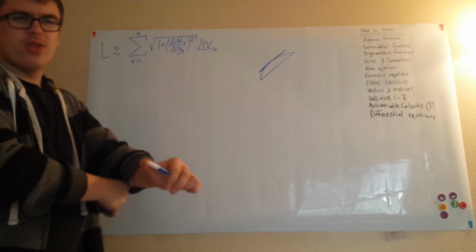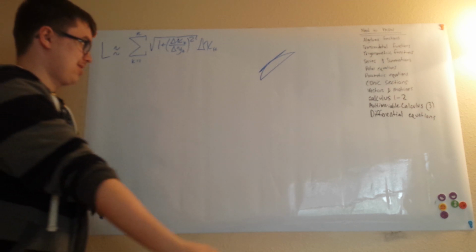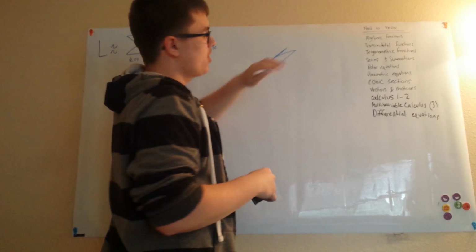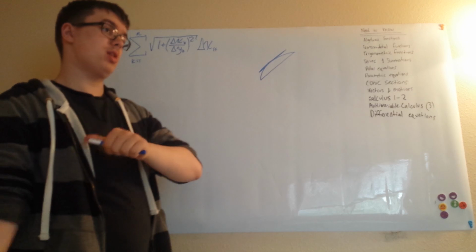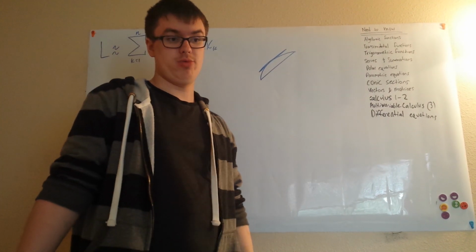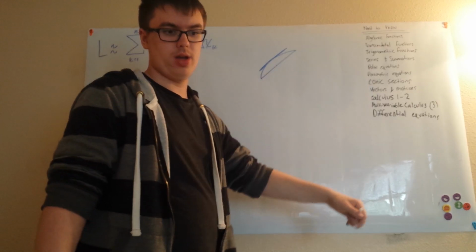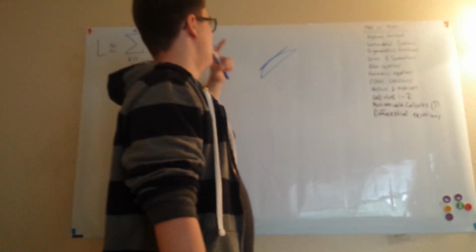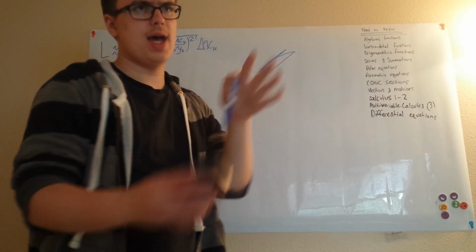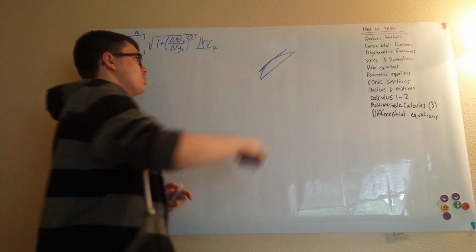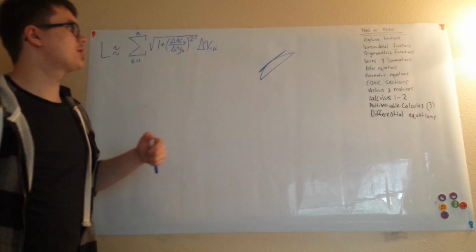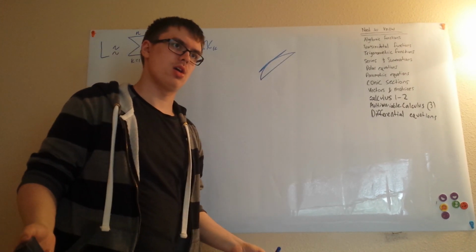So what we're saying is, wait a second. The mean value theorem states that if my function's continuous, and we have to make it continuous, and differentiable, we have to make it differentiable to find arc length, then on that interval, the average rate of change equals the instantaneous rate of change at some value c.